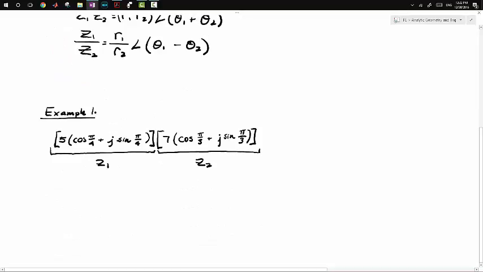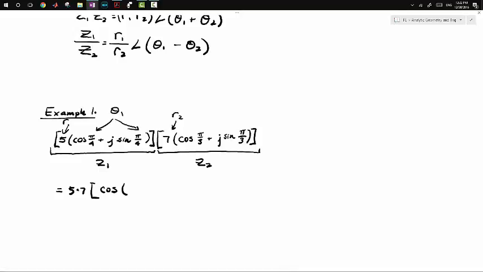So basically we're going to have R1 times R2, which R is denoted by this 5 and 7, so that's R1. This is R2. So if we follow the formula, this is going to equal R1 times R2, which is 5 times 7. And we're going to take the cosine of theta 1, which is denoted by pi over 4, plus theta 2, which is pi over 3.